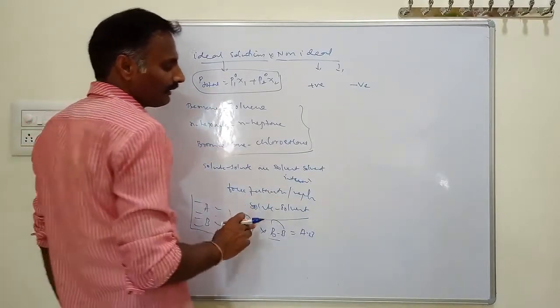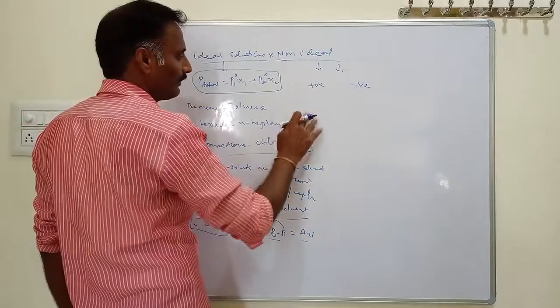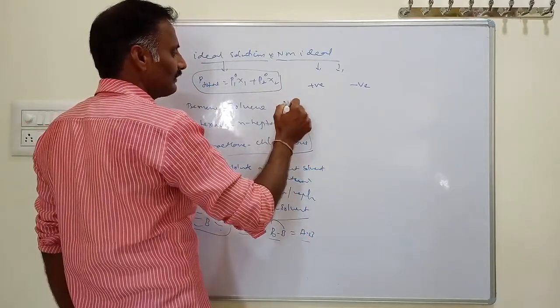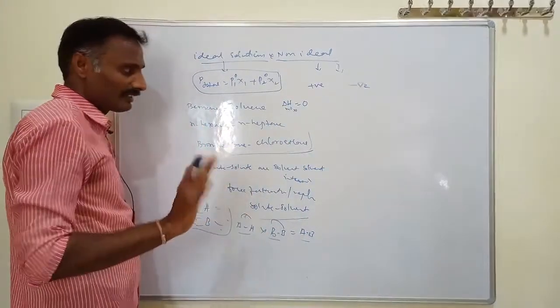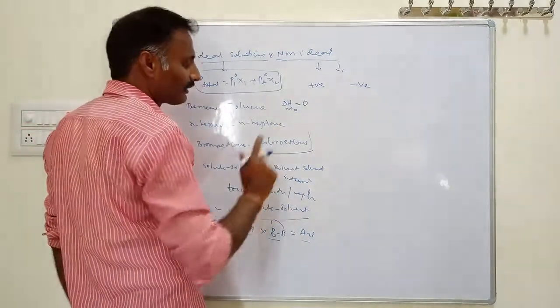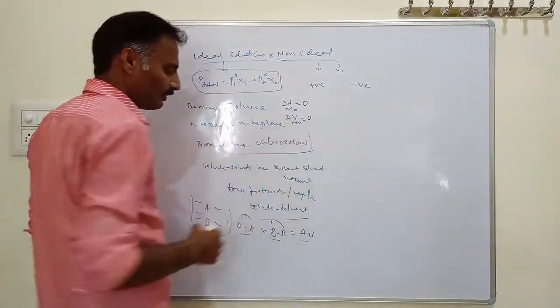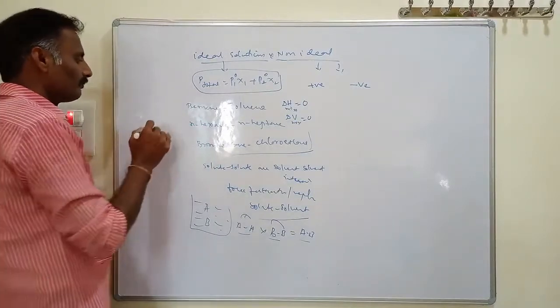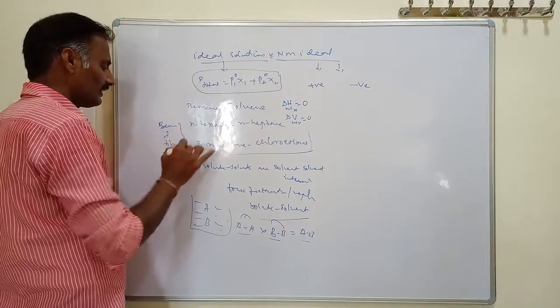Then in those solutions, the enthalpy of mixing is equal to 0. There is no change in enthalpy. Enthalpy does not change in the solution. And also the volume of mixing is equal to 0. There is no change in volume. That means by adding benzene to toluene, there is no change in enthalpy.